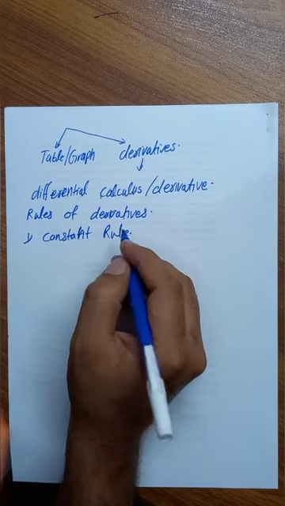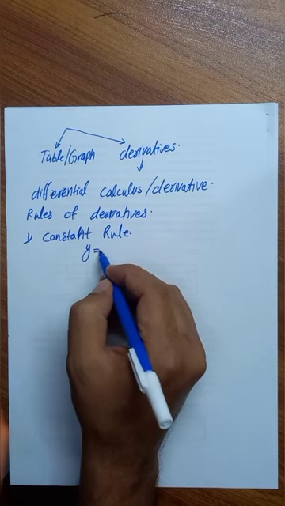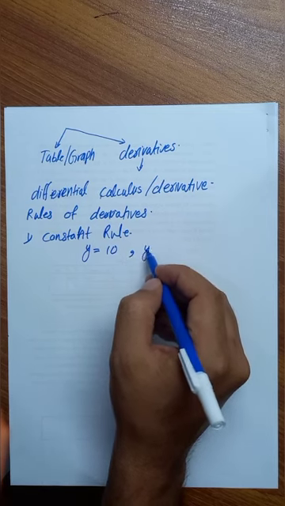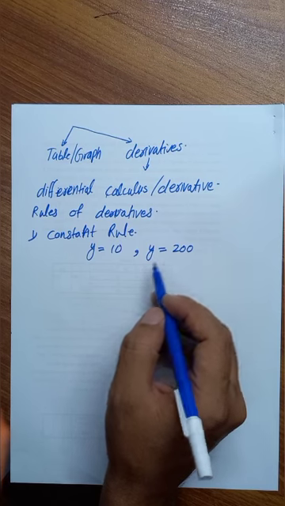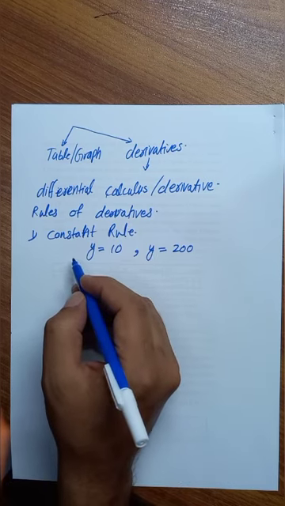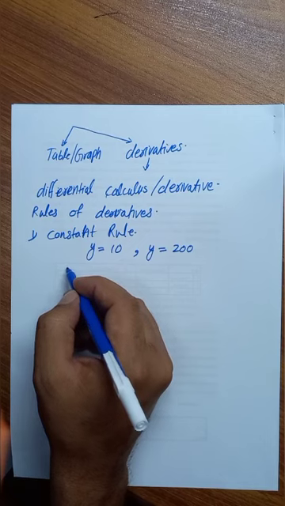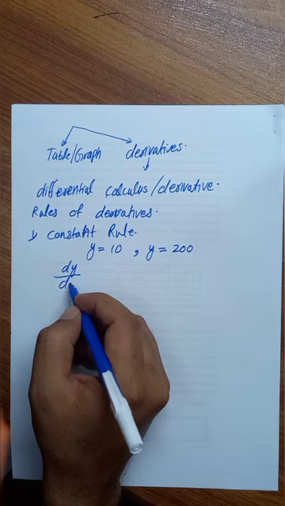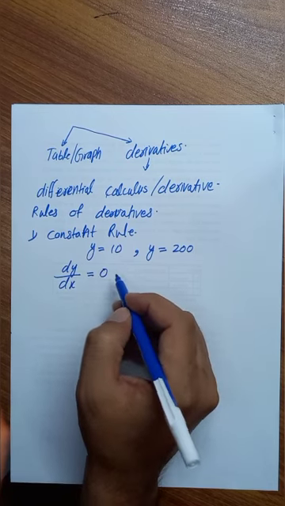In the constant rule, we can say that if y is equal to 10, the 10 is constant. If y is equal to 200, this is constant. If you want to change this into derivatives, we can say that dy/dx is equal to 0.